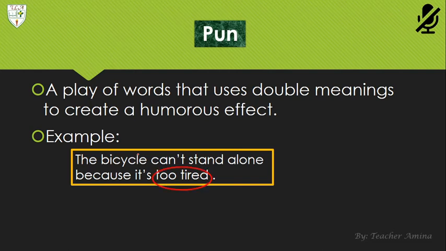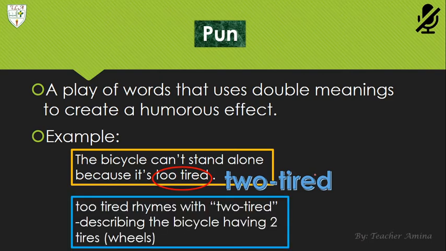Why? Because of the words too tired. When you say it, too tired rhymes with two tires, describing the bicycle as having two tires or wheels. Okay.